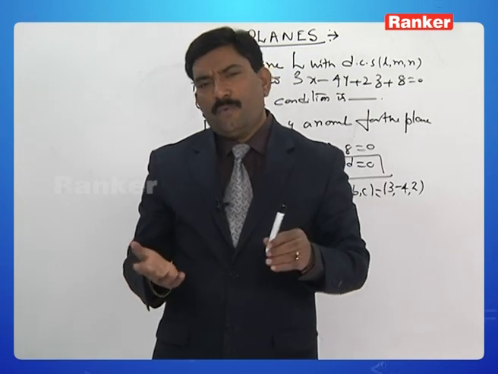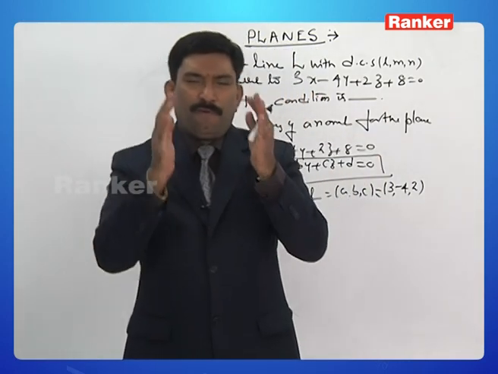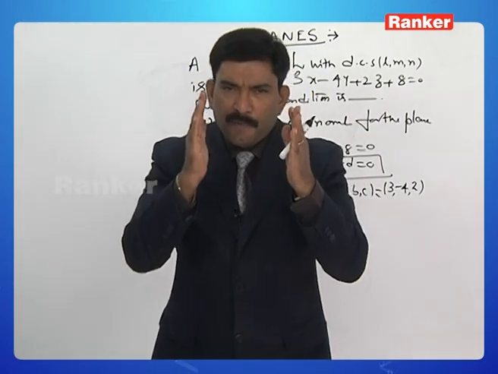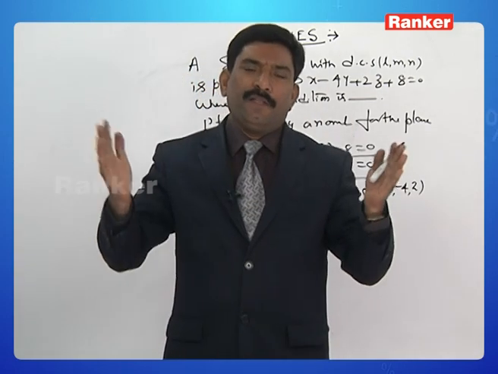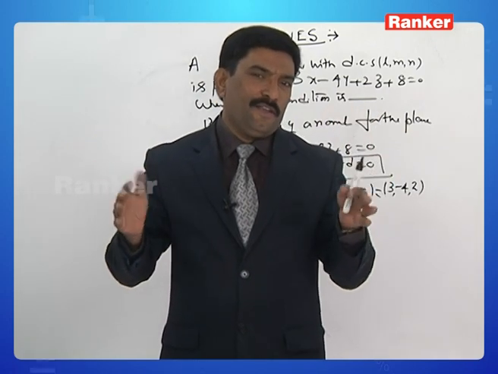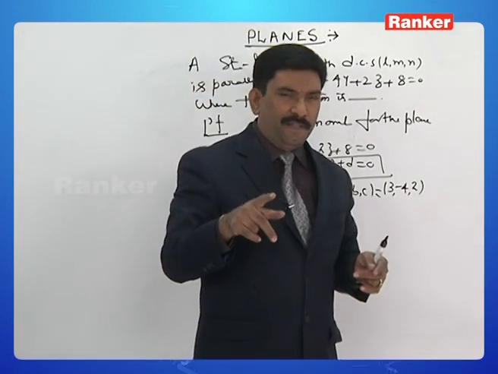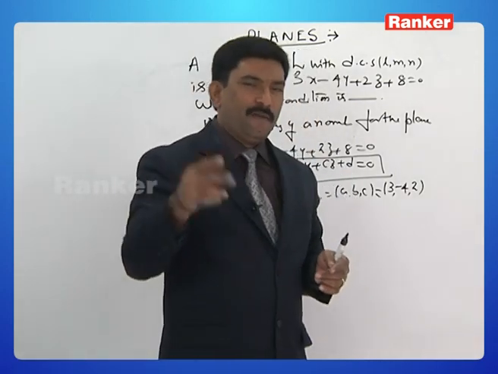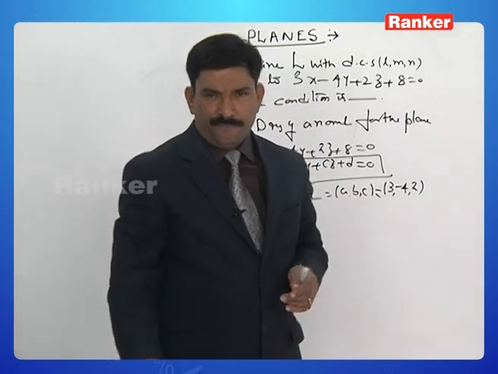Why? What is the definition of coplanarity? The definition of coplanarity says that when any three vectors are coplanar, they must lie in the same plane or in parallel planes.